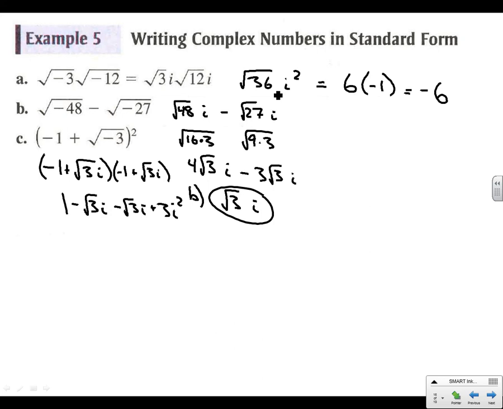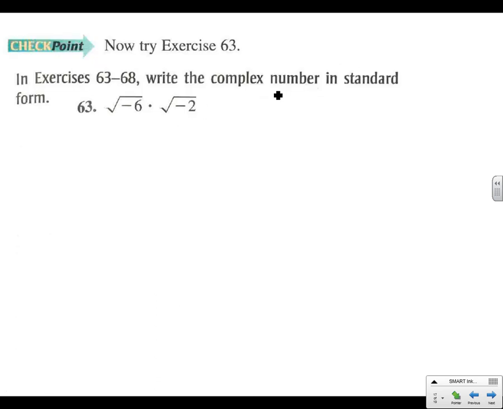Remember, square root times square root would go away, so that's really minus 3. So we'll get negative 2 minus 2 root 3 i. That's our final answer there on C. All right, so go ahead and try 63.